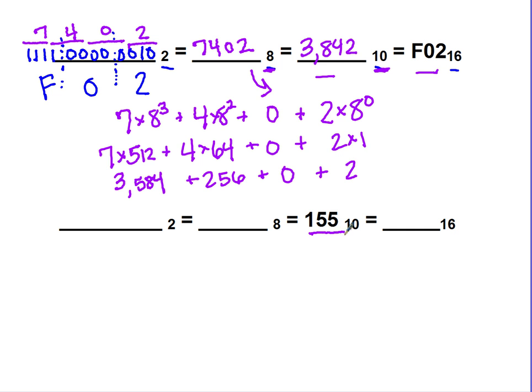So to convert here, I start out with the value in base 10. I can convert into any of these if I want to divide by 8s, if I want to divide by 16s, if I want to divide by 2s. I could go through and figure out my 1, 2, 4, 8, 16, 32, 64, 128, and know that, okay, 155 minus 128, so I have a 128, that's going to give me 27.